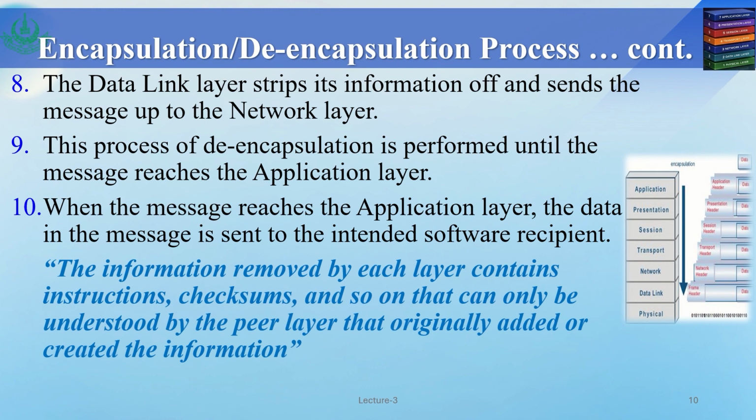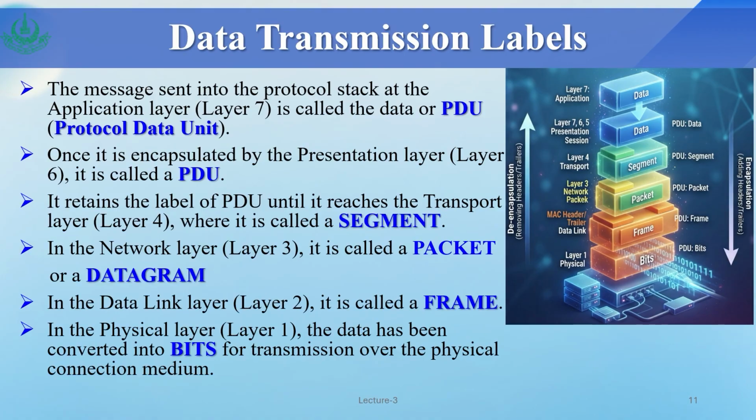The information removed by each layer contains instructions, checksums, and so on that can only be understood by the peer layer that originally added or created the information. The transmission of the data is labeled with different names. The message sent to the protocol stack at the application layer, layer 7, is called the data or protocol data units.